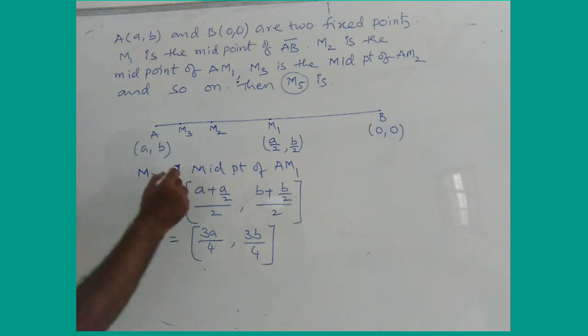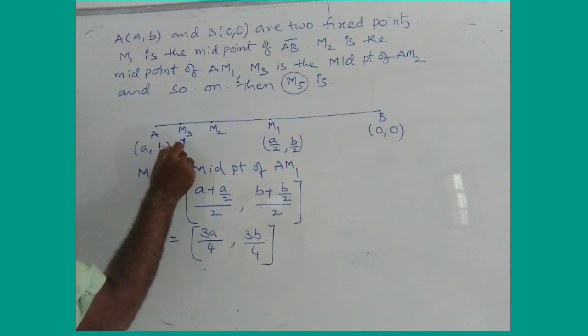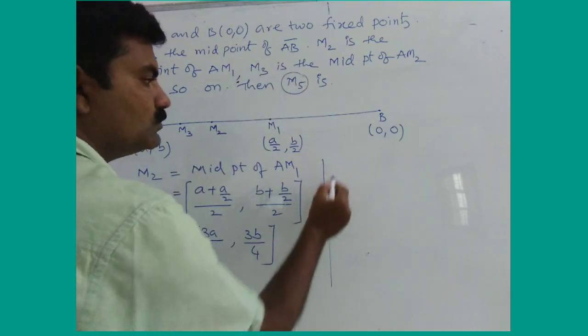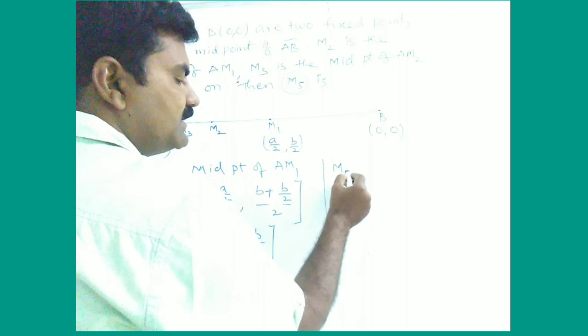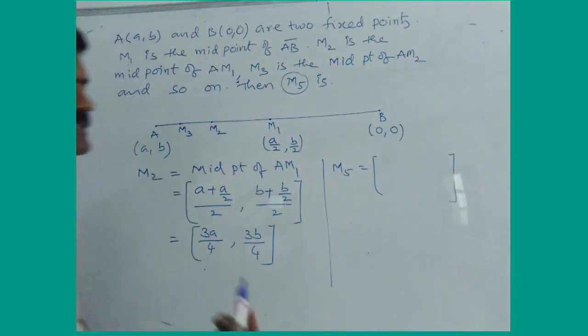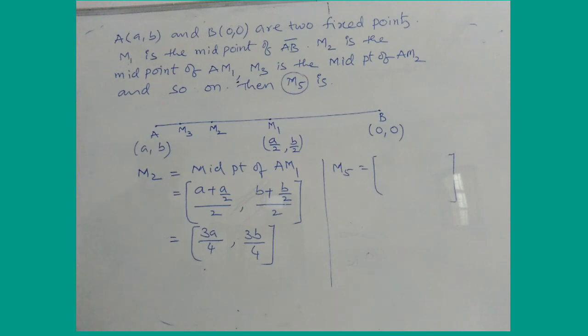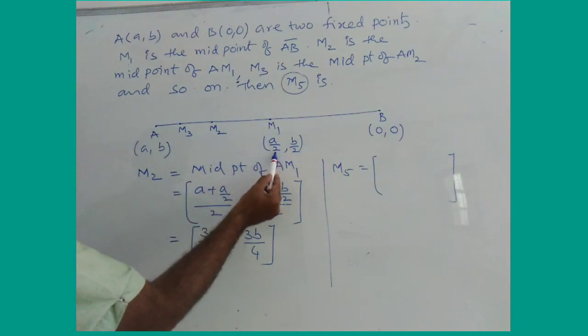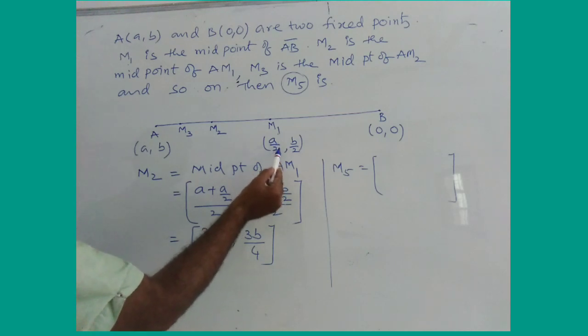In the same way, now we can find out M3 coordinates as well as M4 and M5. Now I want to write the coordinates of M5 directly. Just guess the denominator. If it is the first one, by 2, I mean 2 power 1.